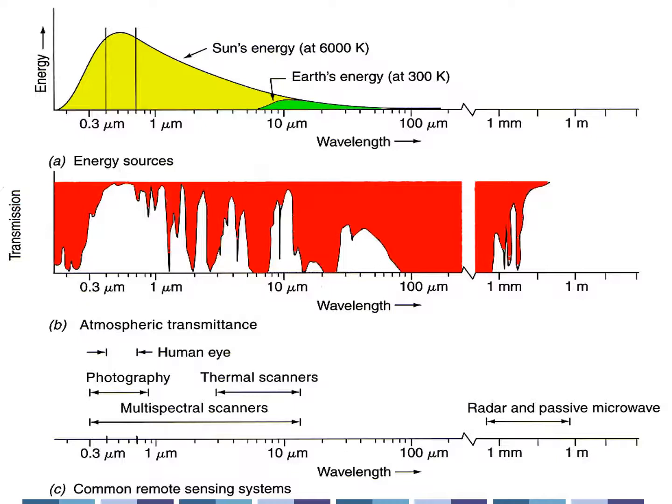And then we have multispectral scanners that can literally read anything from the lower end of the ultraviolet up into the extent of the thermal infrareds. We also have other means like radar and passive microwaves that are further out.